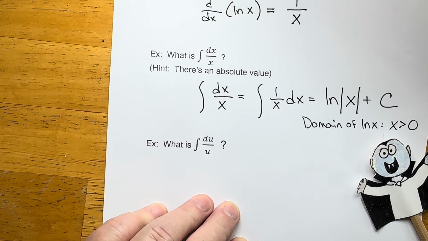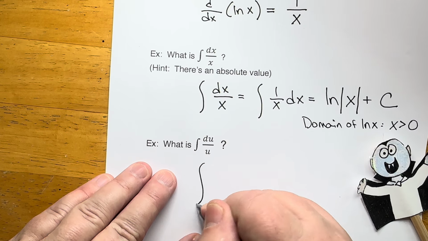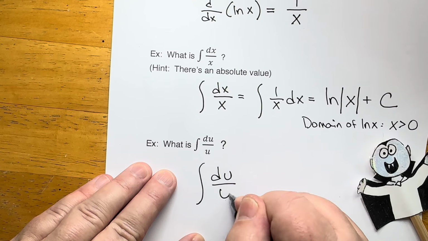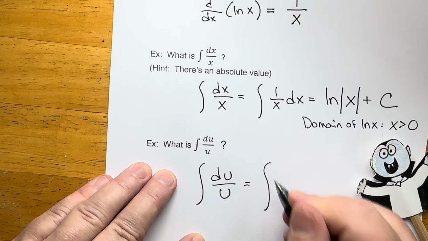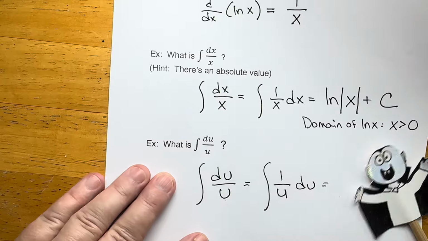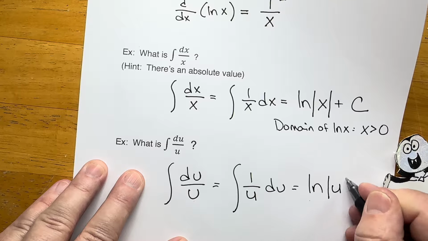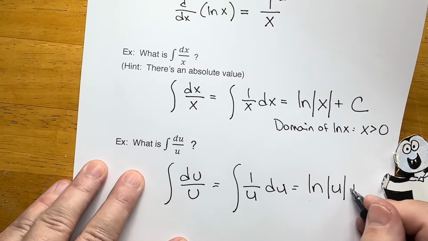Sometimes a u is just a u. But a lot of times a u is actually hiding a substitution. So I wanted to go over this as well. The integral of du over u, again, it's 1 over u du, is natural log of the absolute value of u plus c.